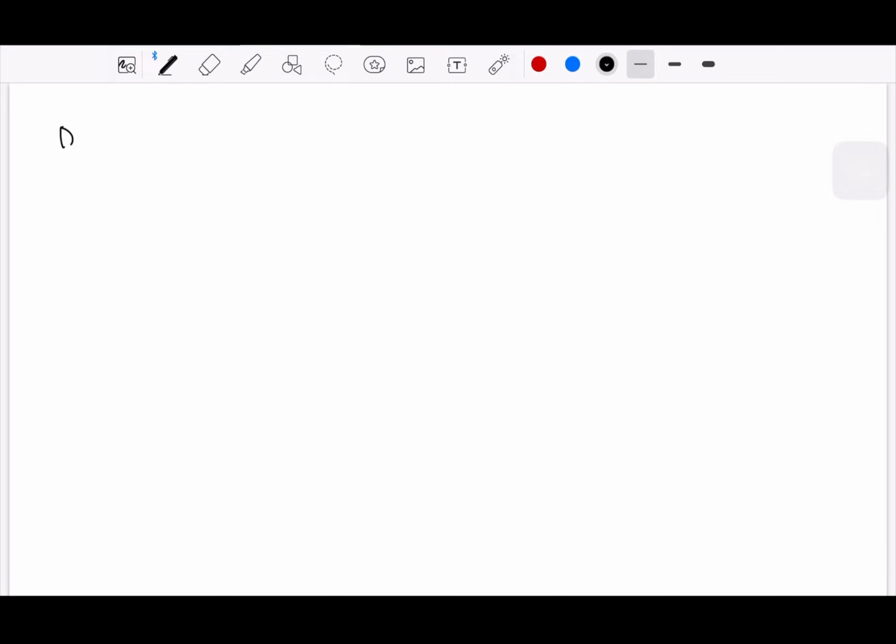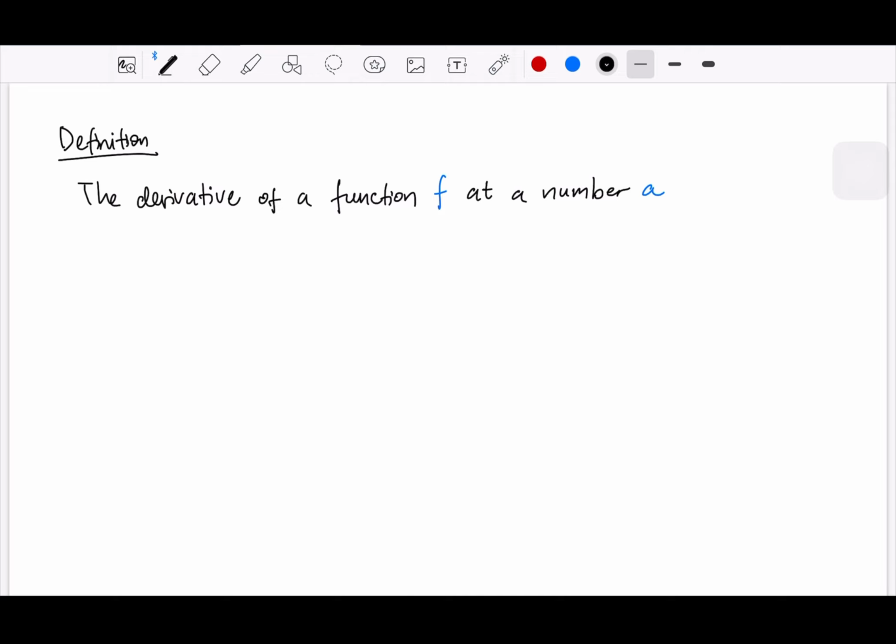Definition. The derivative of a function f at a number a, denoted or symbolized by f with an accent, we sometimes call this f prime, or you can just call it the first derivative of f at a.